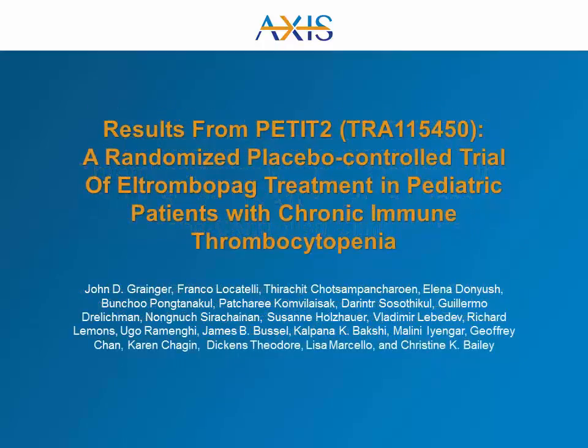The second study was called PETIT2, and this was published in the Lancet in July, and took advantage of the PETIT study to be able to use more accelerated dosing and start at higher doses so that it would have potentially better results.